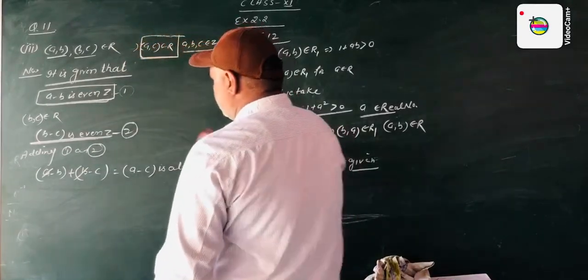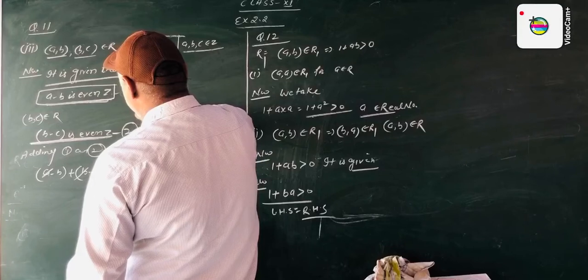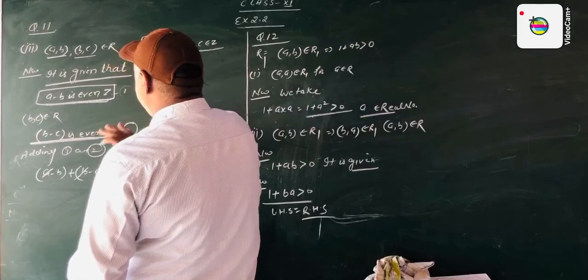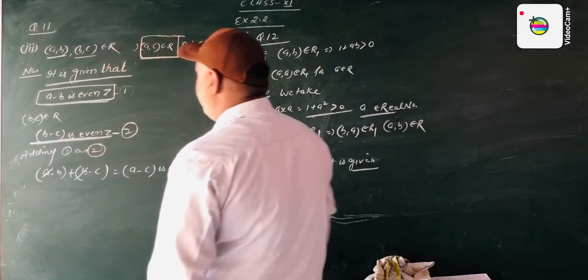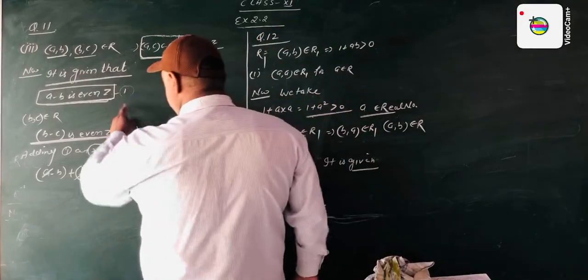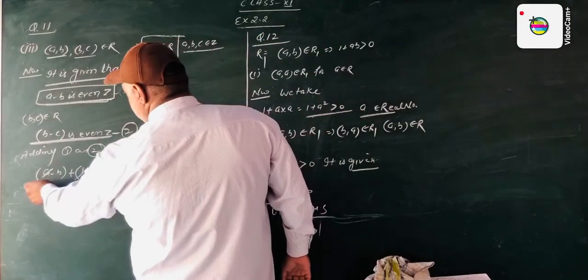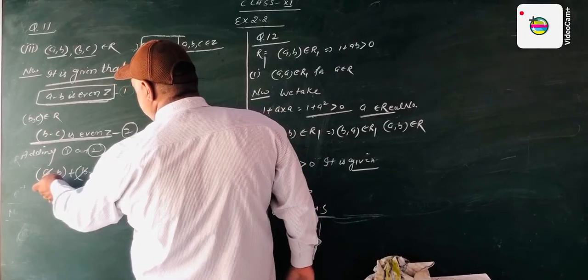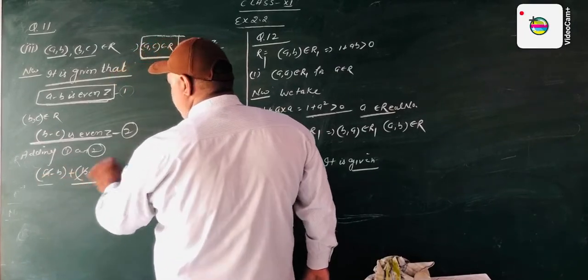So this is first, this is second. If we add two even integers, then we also find an even integer. Now we add this first and second. A minus B is the first even integer, this is the second even integer.